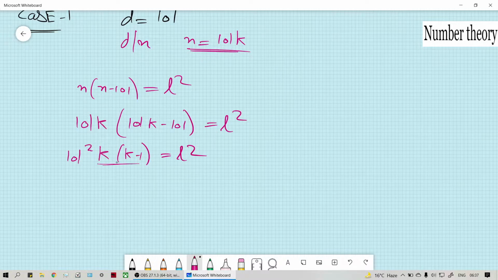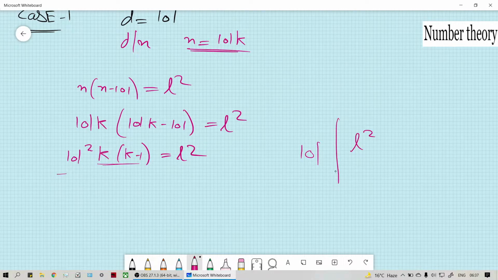And you can also do it this way. Both are actually similar, the same things I'm doing in both of these two cases. Since 101 divides the left hand side, so 101 divides L square.